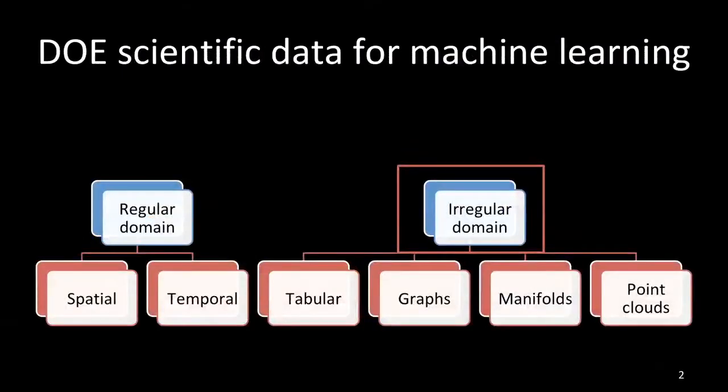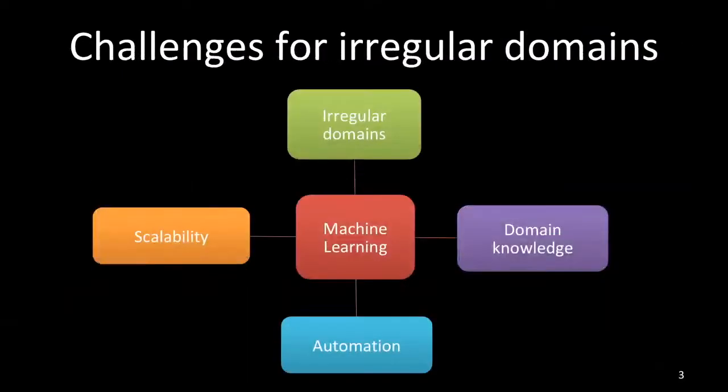All right. This talk will focus on irregular domain and look at a couple of case studies. So what are the challenges in the irregular domain? At the center, we want to apply machine learning methods, but first and foremost, we need machine learning methods that explicitly take into account the irregular domain.